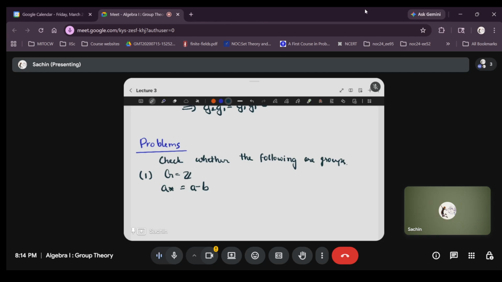Is this a group? Yes, set of all integers.